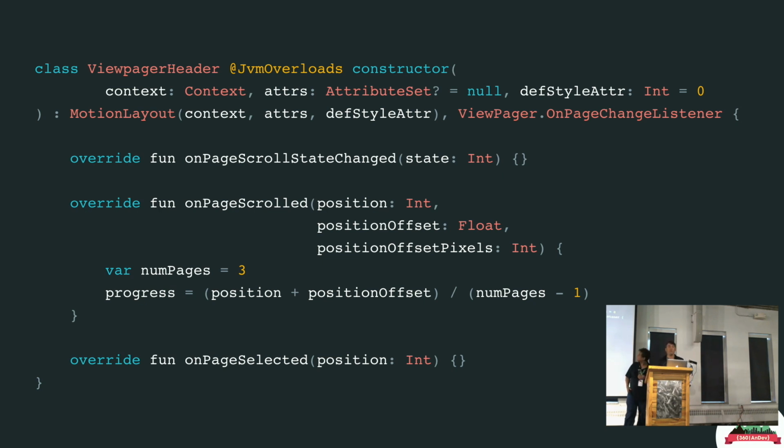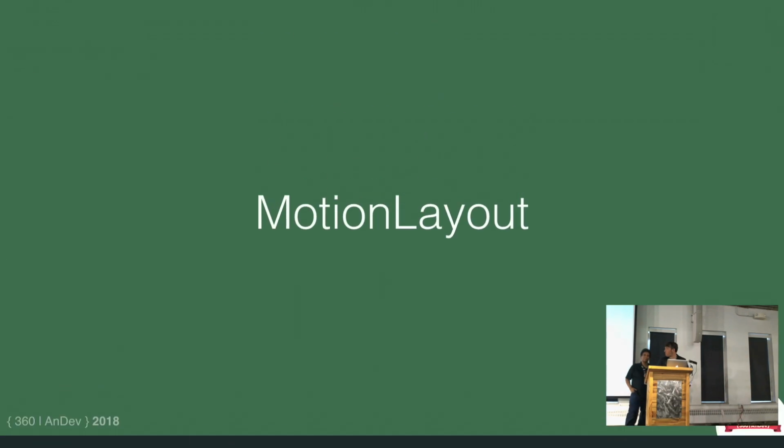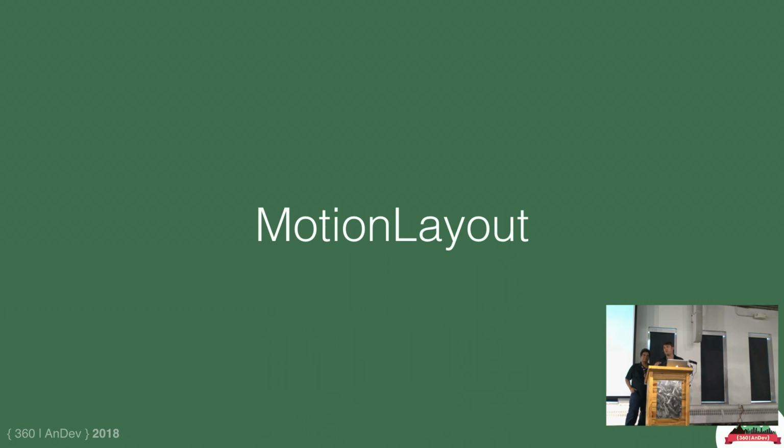Here I'm just hard coding the number of tabs you have in your ViewPager, but you get the general idea. So that shows you that you can use motion layout today. It's not like you have to forget everything that you know about the existing system on Android. You can just test the water a little bit before going full in. And full in, that's what we're going to do now.